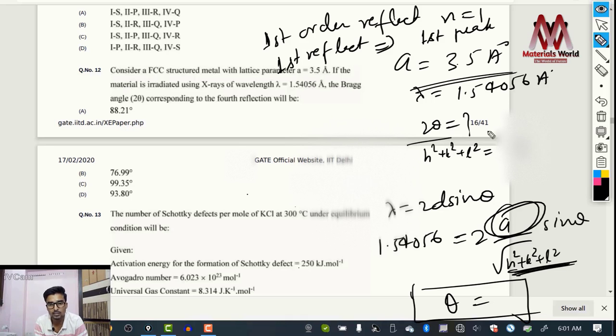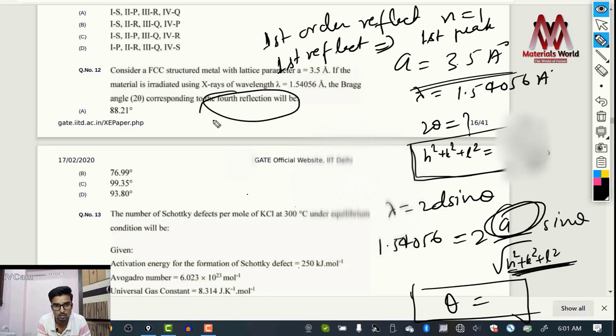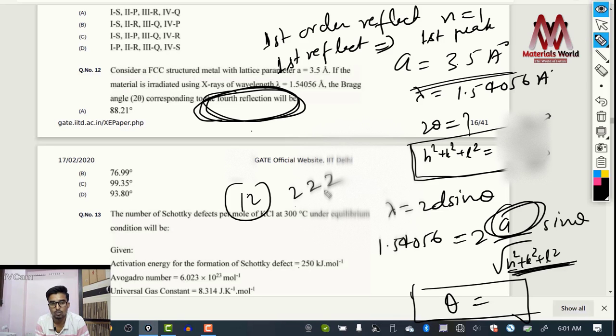The only trick here is for the fourth reflection. It is not saying HKL plane directly; which plane will be there for 12? It will be 2, 2, 2, since 2 square plus 2 square plus 2 square is 12.